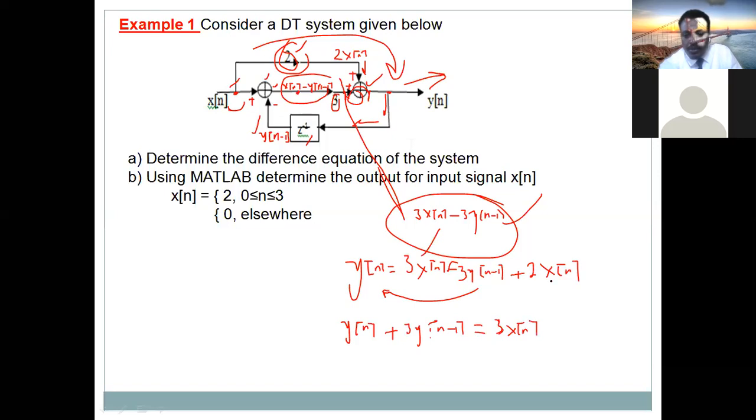Then here we have 2 times x of n. If you add this 3 plus 2, it will be 5 times the input. So y of n plus 3 times y of n minus 1 is equal to 5 times x of n. This is our difference equation.